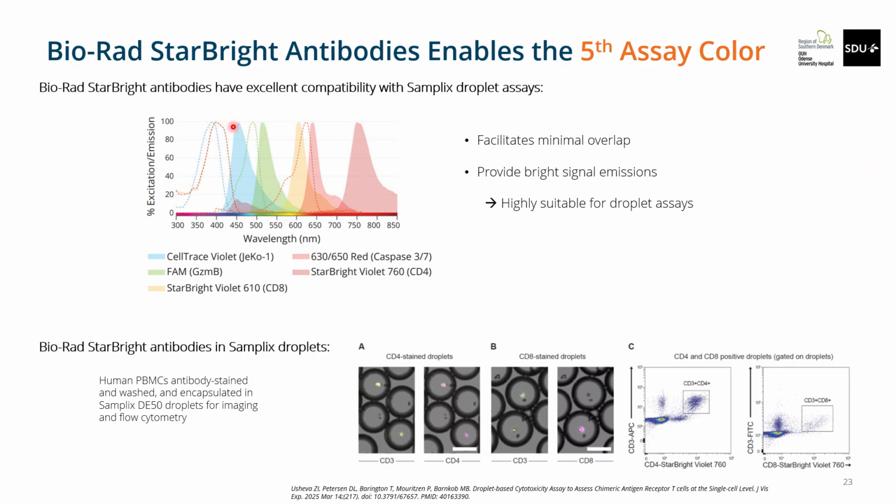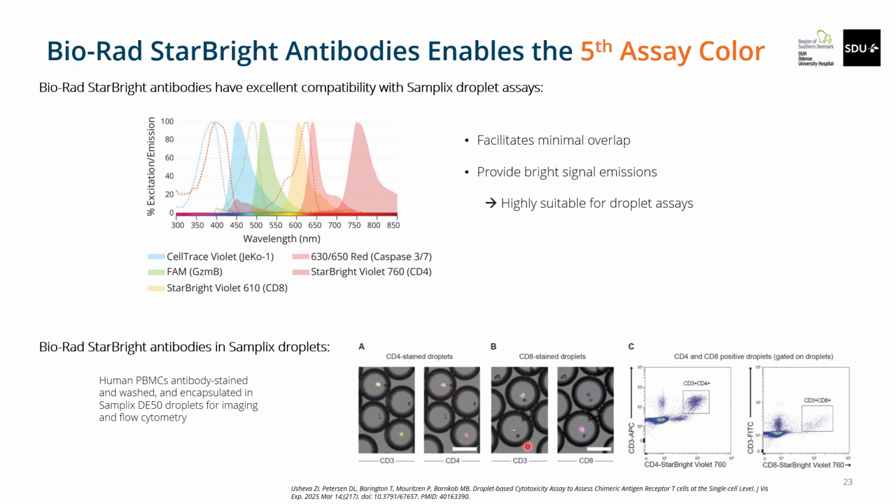Choosing the StarBright dyes, we can still keep our granzyme B substrate here and our caspase-3 substrate over here, as well as the other cell stains that we're using in the assay. And so it's really about both having the large Stokes shift of these dyes, but also the brightness of them that allows us to utilize this.